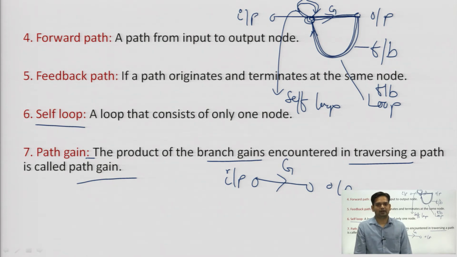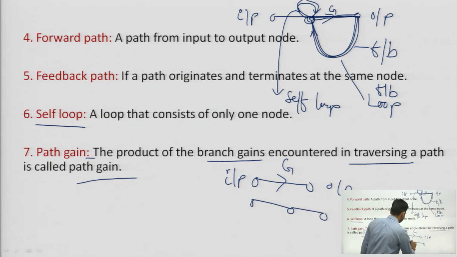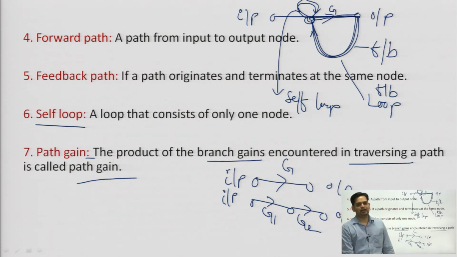What would be the path gain? It is G1 times G2. So, this is the path gain for this example.